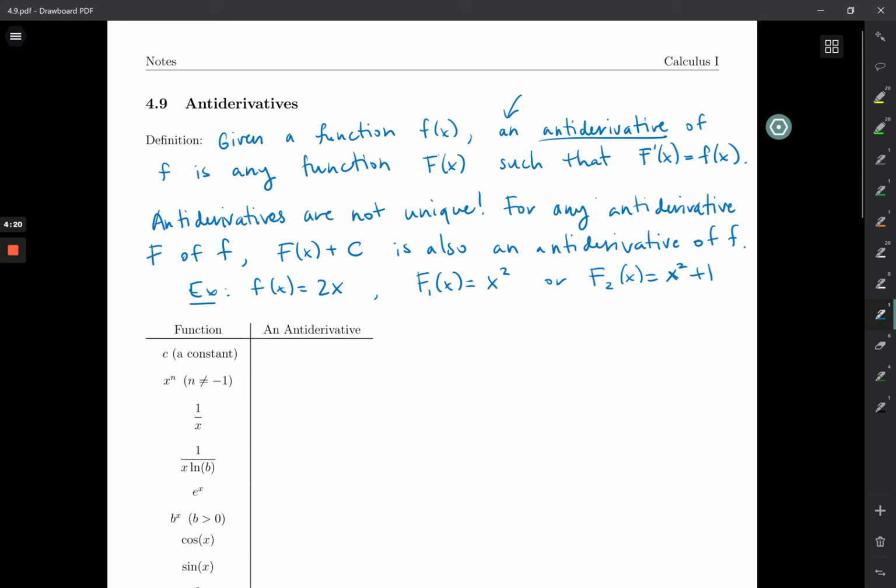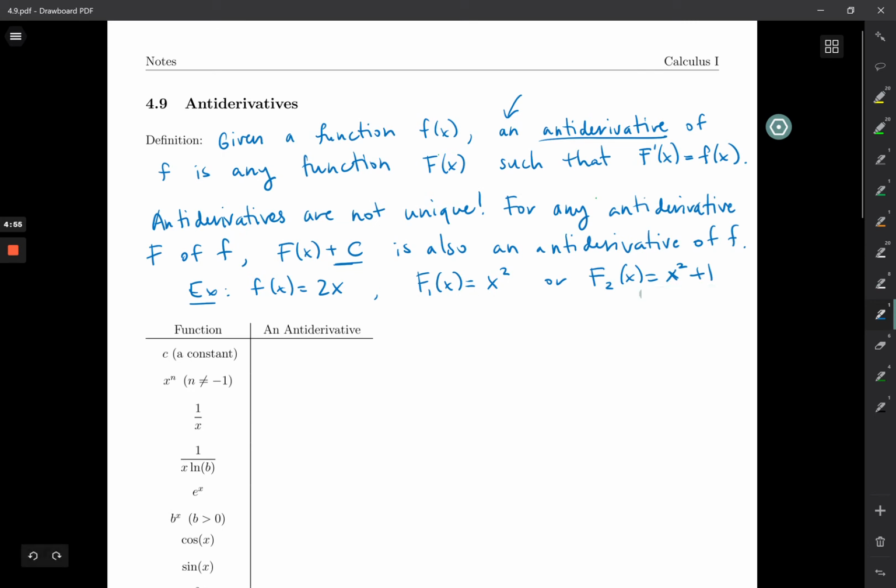And so the reason that we don't get uniqueness, but we get uniqueness up to this addition of a constant, is because when we take a derivative, always the constant disappears. So when we're trying to go backwards, we don't have that information anymore. Once we take a derivative, the constant is gone. We don't know whether it was there, like in this case, the first function didn't have a constant, or if it did have a constant and we just don't know what it is anymore, right?